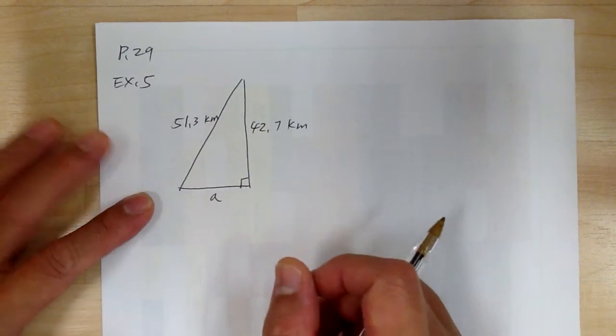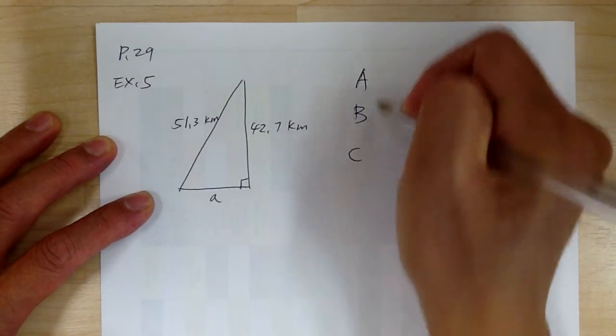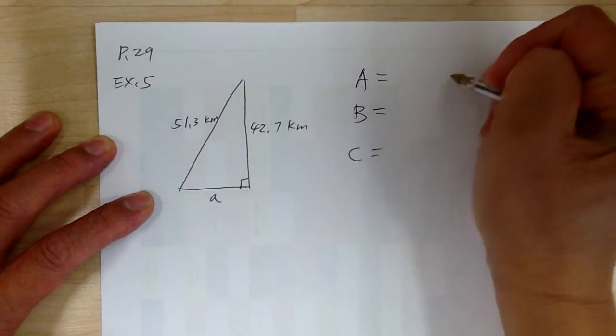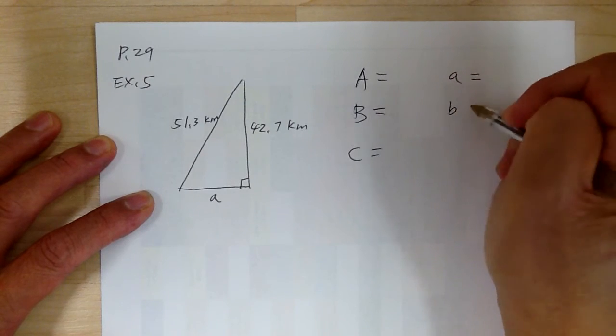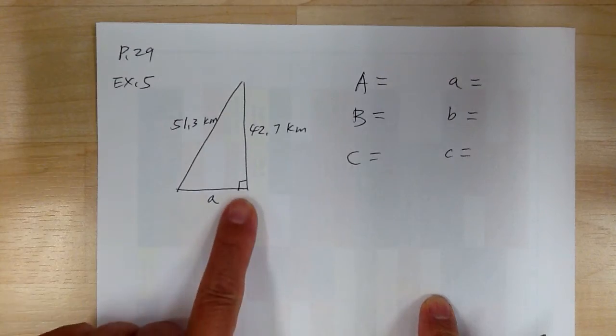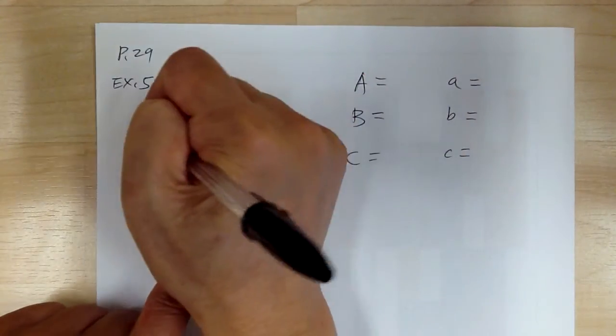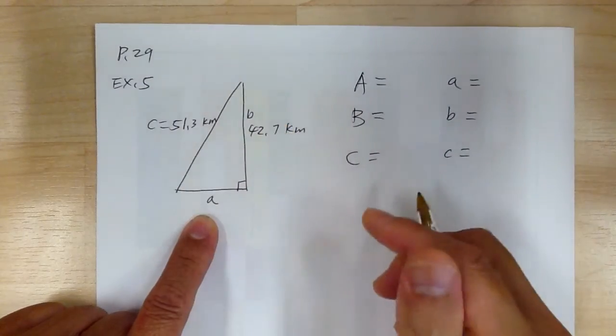So normally what you want to do is go and write down the A, B, C. Capital letters are angles, small letters are sides. So normally a good idea to get everything all together. Over here, this is A, so that's B, right? And this is C. C is always the hypotenuse.